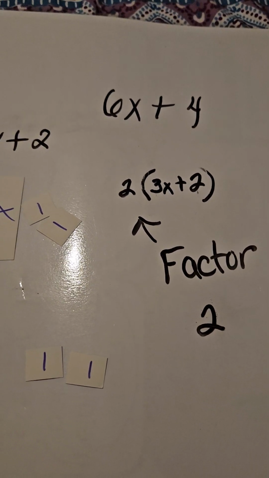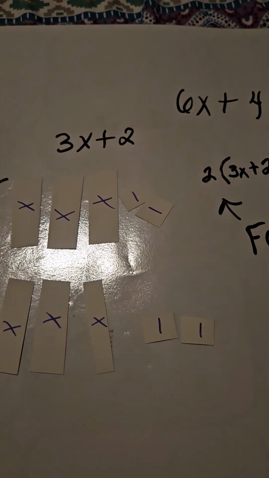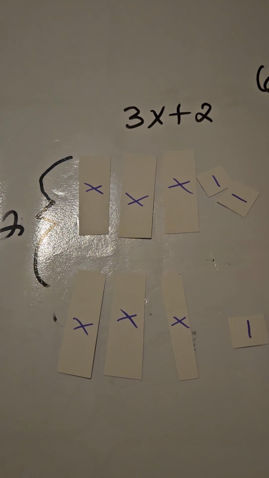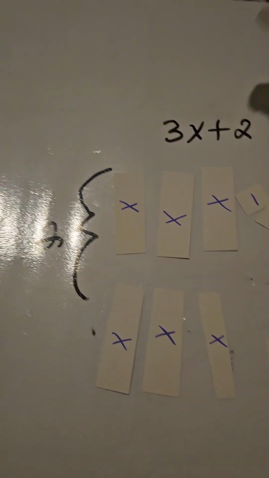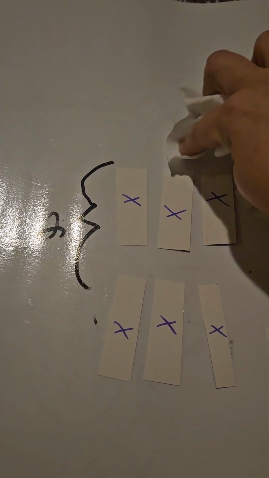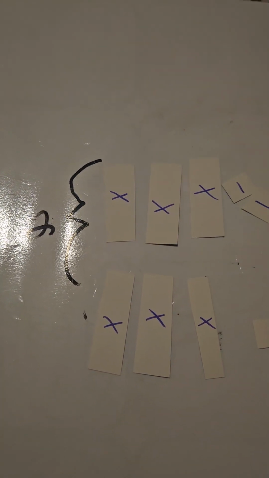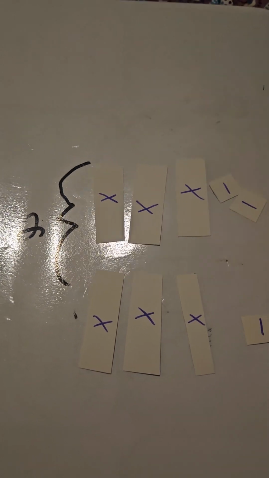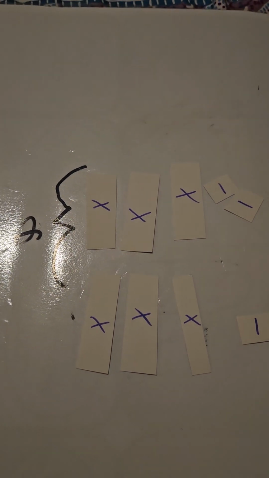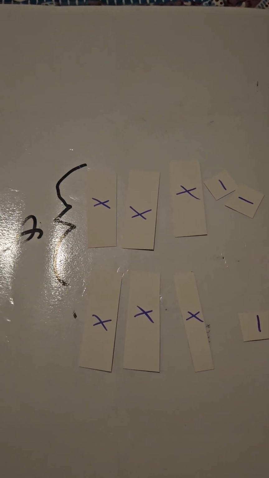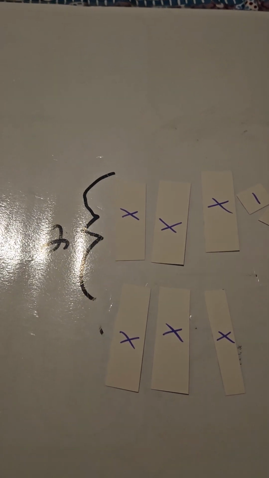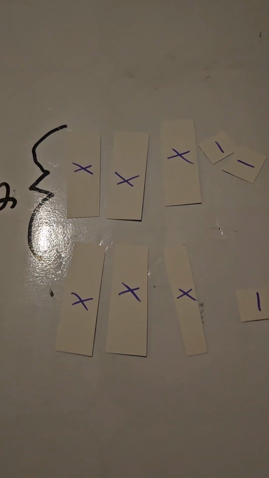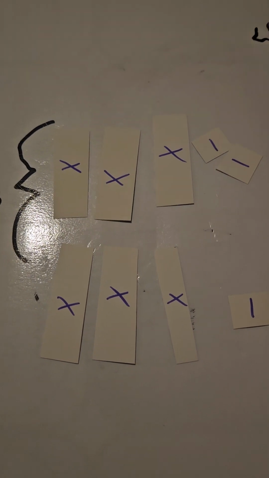Let's try another one. This time we're going to do 4x plus 2. Just so you know, I wrote these quiz questions that you're going to have tomorrow, so I know all of the problems you'll be able to do with your algebra tiles, and that you won't have any exponents or anything extra weird going on.